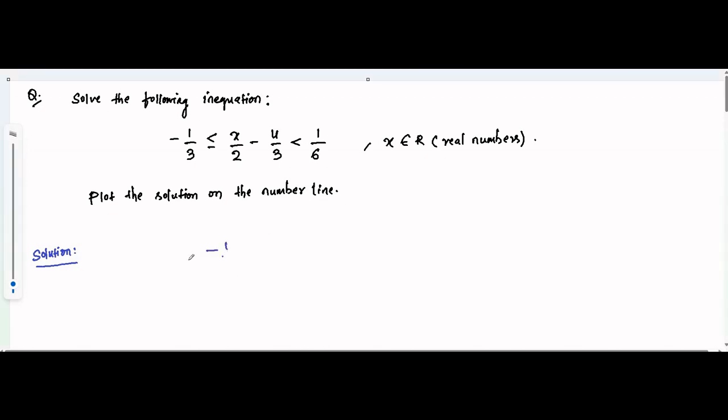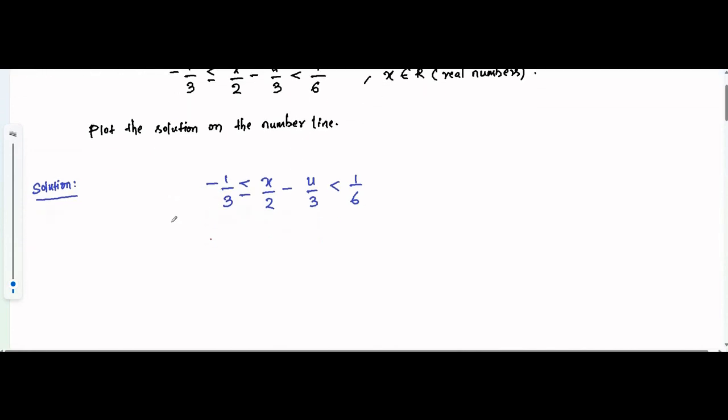Minus 1 by 3 less than or equal to x by 2 minus 4 by 3 less than 1 by 6. So again, this given inequation has two parts and we have to solve them individually.